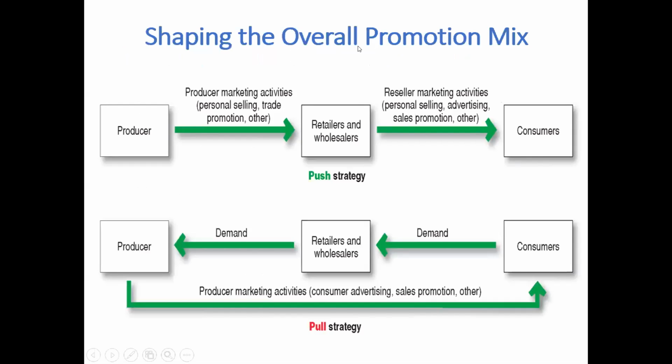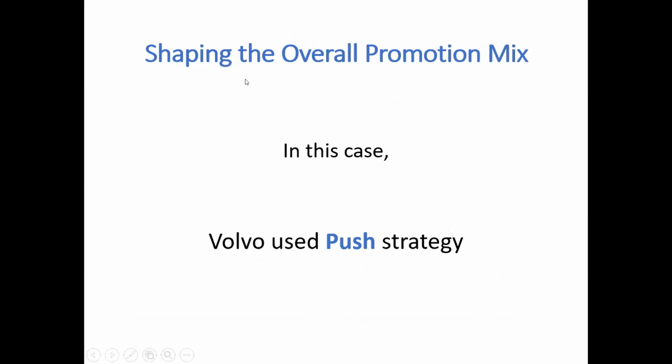Shaping the overall promotion mix, there are two strategies, push strategy and pull strategy. The push strategy includes producer, wholesaler, retailer, and consumer. The pull strategy starts from the consumer, which creates demand, and then retailers and wholesalers demand from the producer. Applying it to the case, Volvo used a push strategy.